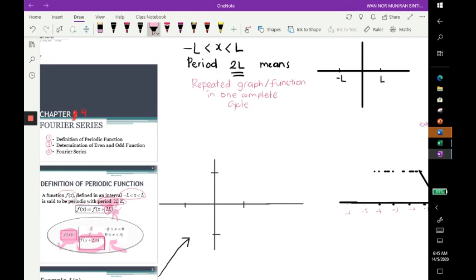Maybe you don't understand yet, so let's take a look at an example. Let's say you have a function, this is your f(x) and this is your x.